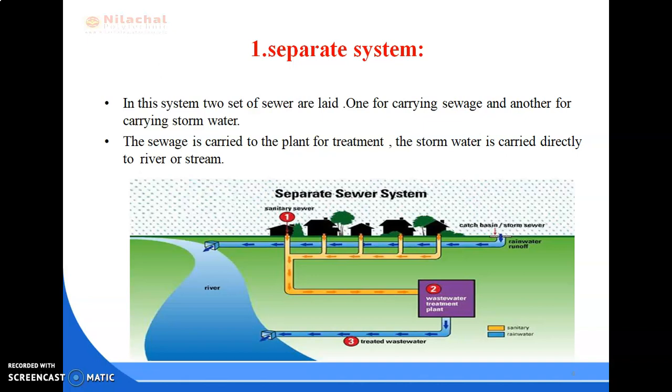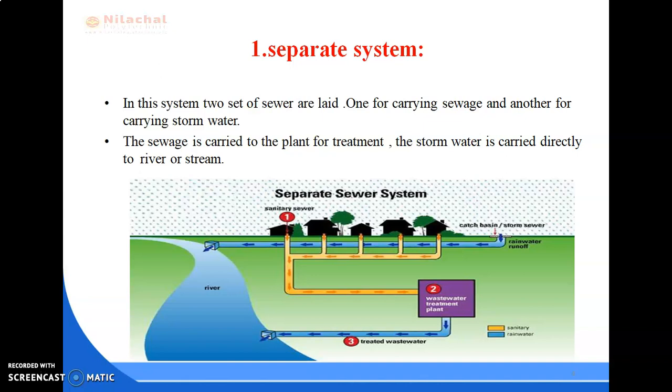In this system, two sets of sewers are laid, one for carrying sewage and another for carrying storm water. The sewage is carried to the plant for treatment. The storm water is carried directly to river or stream.